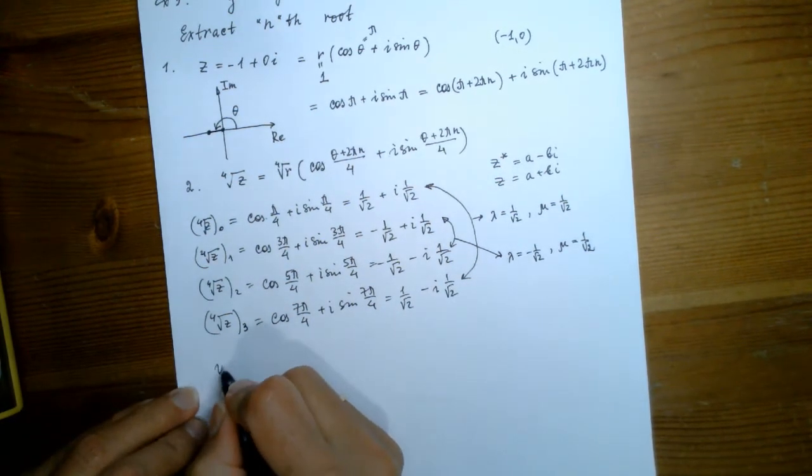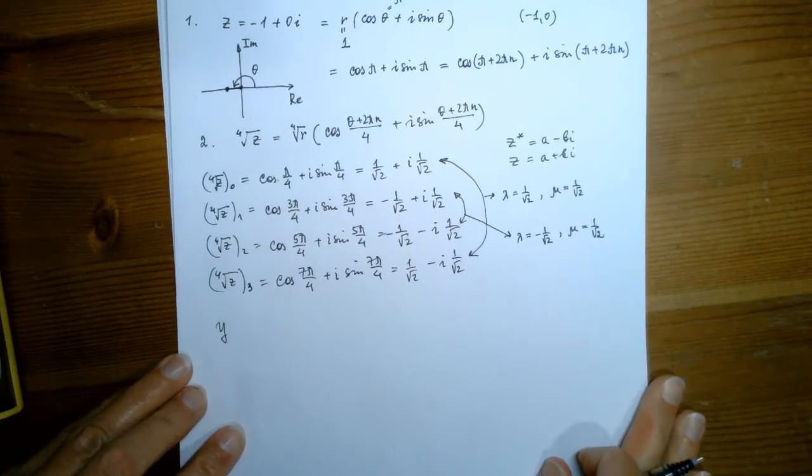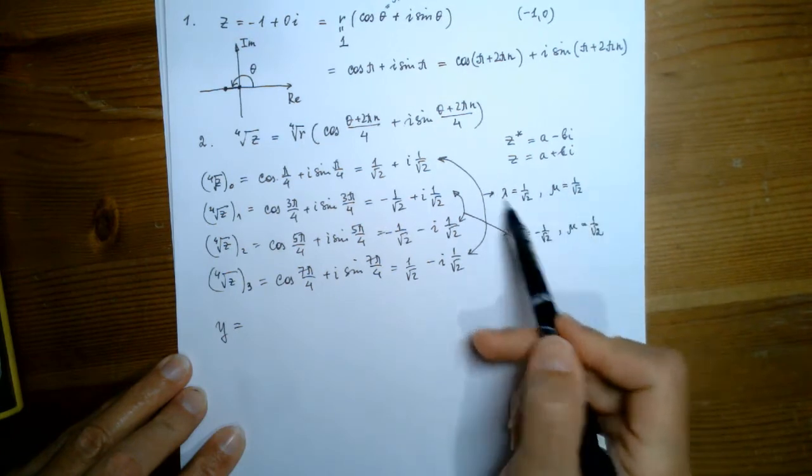Now we're going to write down our solution. Let me see if I shifted it too much. Right, now our solution. I'm going to start with this pair of conjugates.